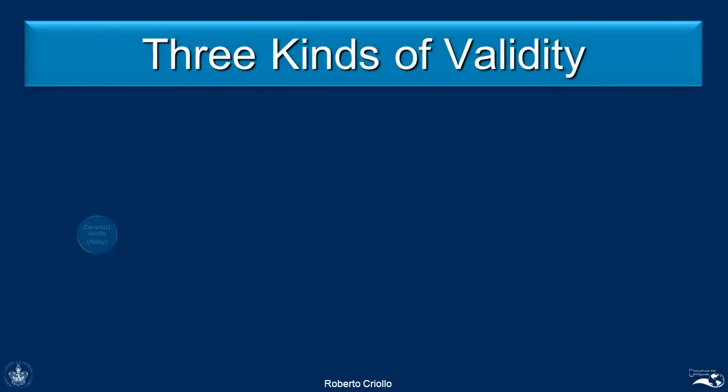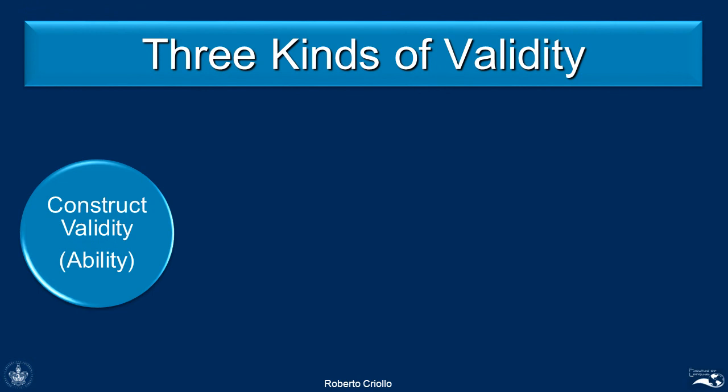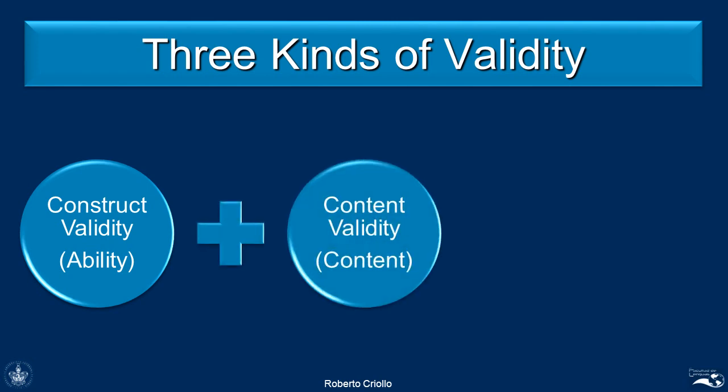If we follow the steps very carefully, we will achieve three kinds of validity. First of all, our test will have construct validity. This means that the scores that the students obtain in the test will correspond to the abilities the way they occur in real life. Secondly, if we assess the content that is relevant, that is specified, that was covered in class, our test will also have content validity.